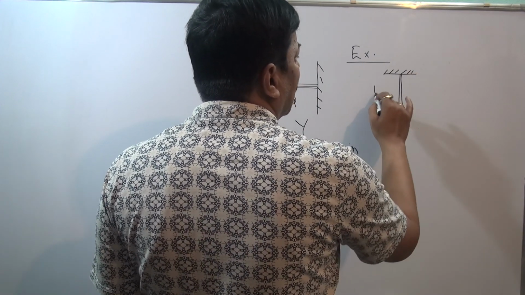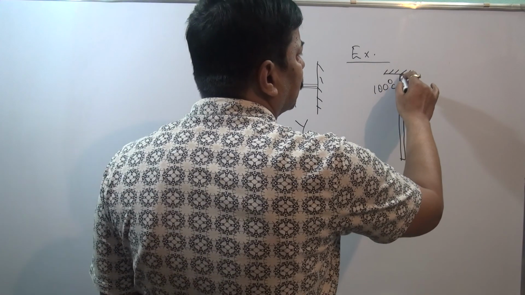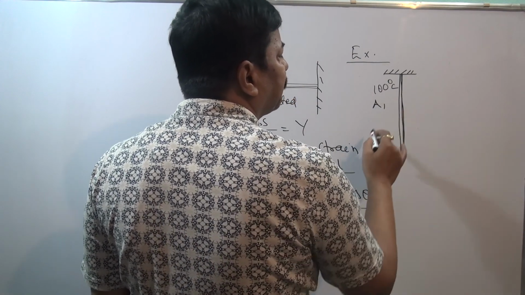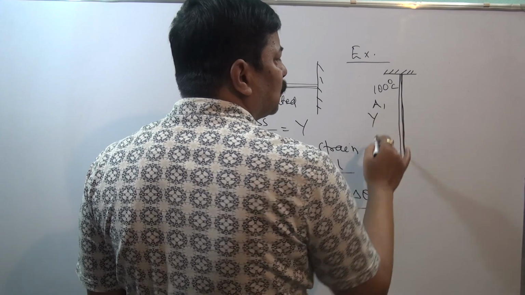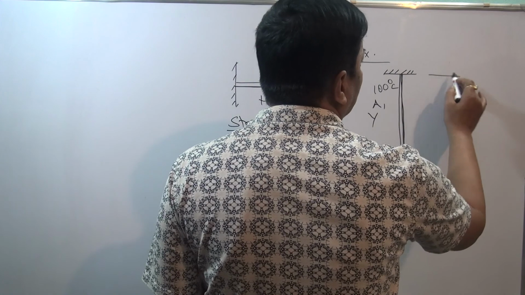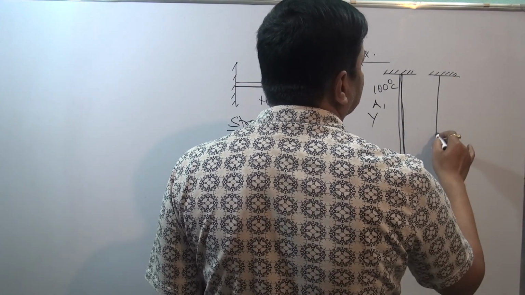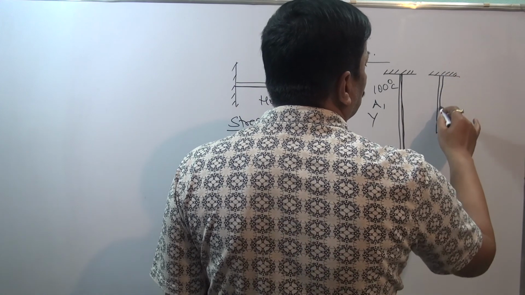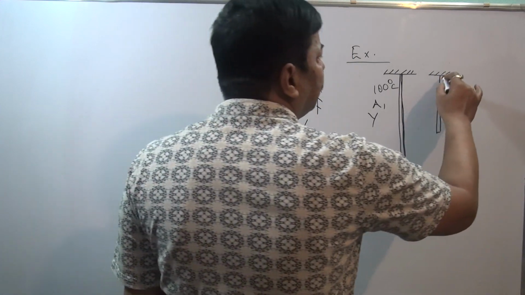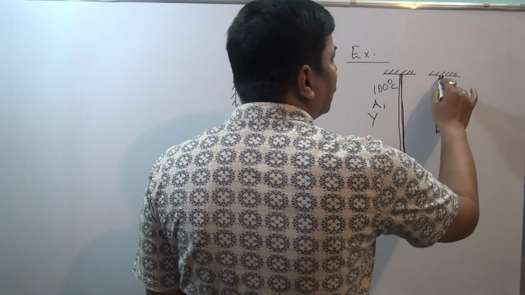Its temperature is 100 degrees centigrade, and a uniform cross-sectional area is there, that is A. Young's modulus is Y, and this rod is cooled to a temperature 30 degrees centigrade. When the rod is cooled to 30 degrees centigrade, naturally its length is going to decrease.